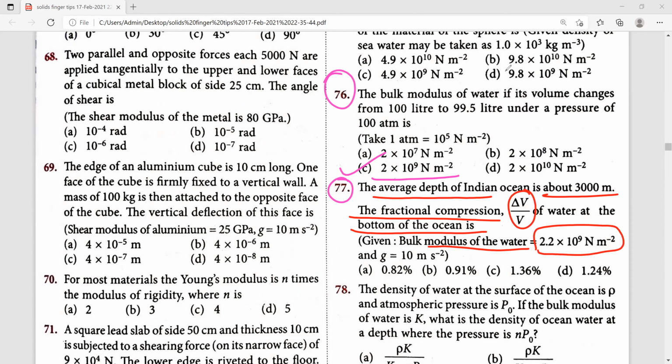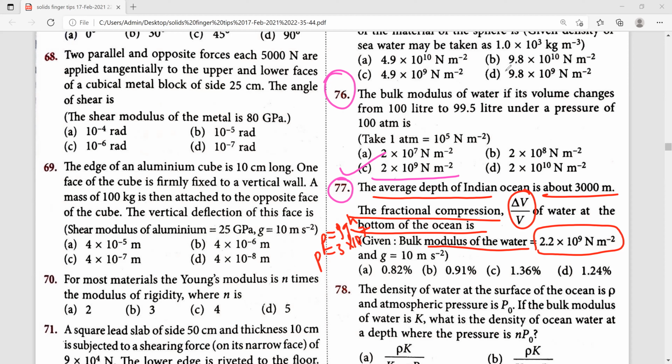So using this, we have to calculate fractional change. Here the pressure exerted by 3000 meter column of water on the bottom layer is given by P is equal to rho GH. By substituting all the known values, the pressure P we are getting is 3 into 10 to the power of 7.